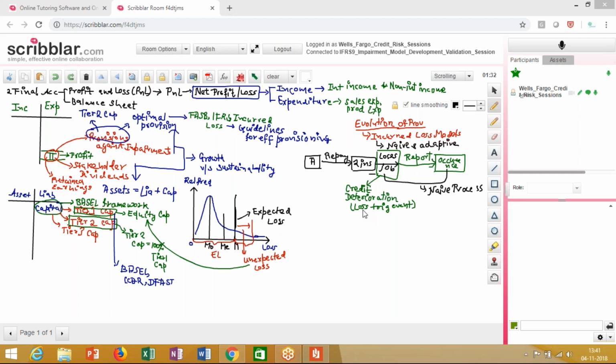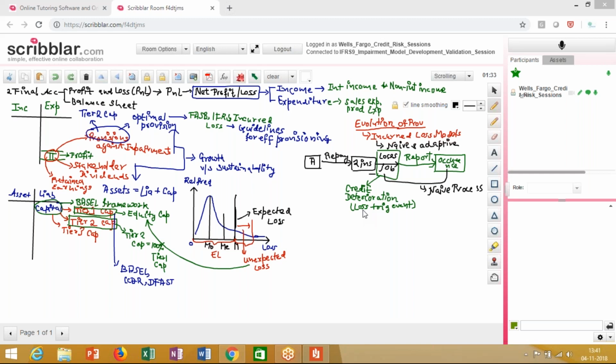So in this class, my objective was to set the scope of IFRS 9 and the other regulations, and to introduce to you the concept of incurred losses, right? After this, we'll start with the regulatory frameworks in detail, and as we go ahead, we'll take up each banking product one by one, and for them we'll see how IFRS 9 would have treated it, and how FASB or Basel treats those assets.